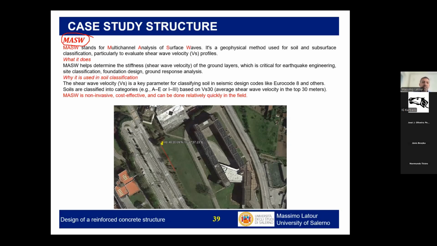As somebody said this morning, the idea of this soil investigation is that basically it will allow us to characterize the soil in a class from A to E, or S1 or S2 in the worst situation. So this is needed to characterize basically the shear wave velocity in the first 30 meters of the soil to make an average and determine what is the soil class.